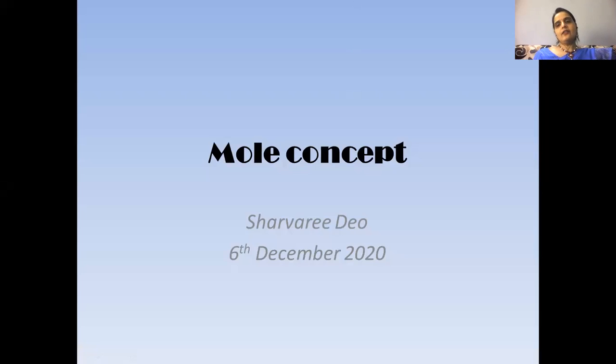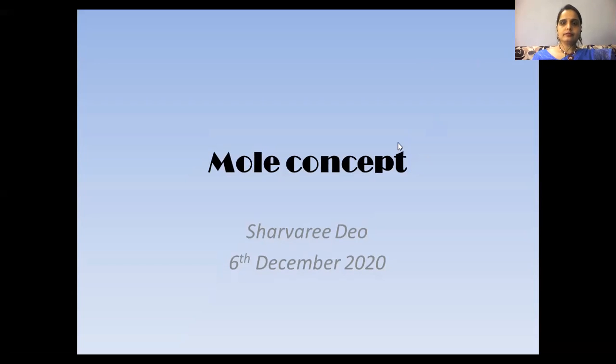You must already have learned about the law of conservation of mass. Do you recall it? And then the law of proportion of mass also. These two laws are very important whenever we are carrying out various chemical reactions. In that case, we need to know the exact proportion or exact amount that is involved in the reaction.